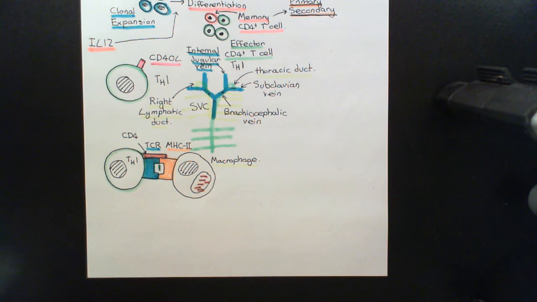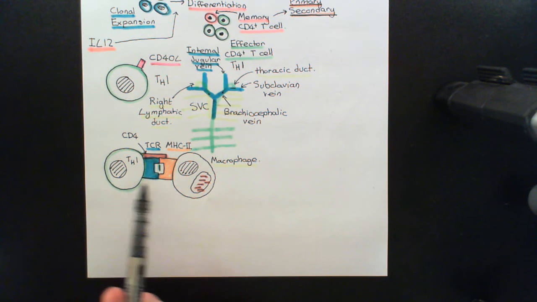So macrophages normally only attempt to produce reactive oxygen species and reactive nitrogen species at a sort of half-hearted level, because they don't want to produce too many that they'll then cause massive tissue damage.